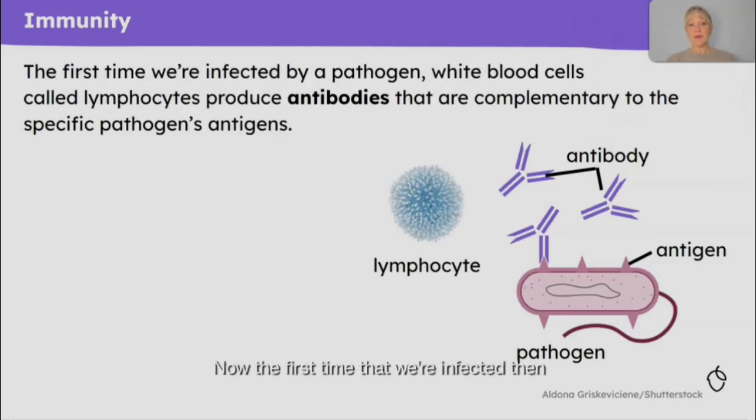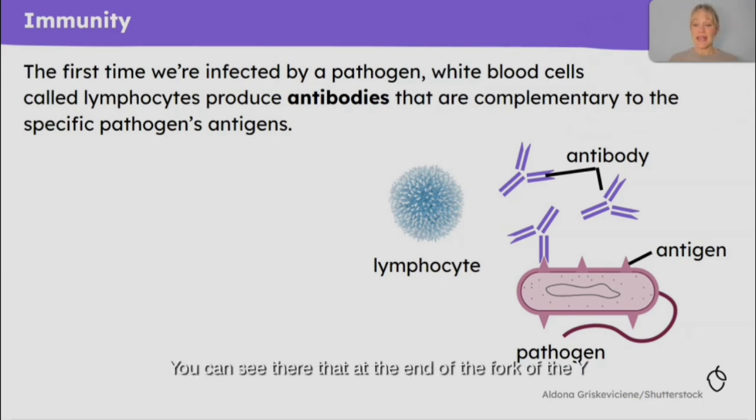Now, the first time that we're infected with the pathogen, our white blood cells that we're going to call lymphocytes produce antibodies. Antibodies are also proteins and they have a complementary structure that is specific to the shape of the antigen.